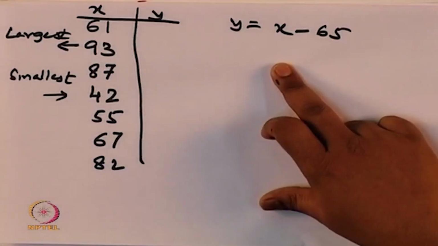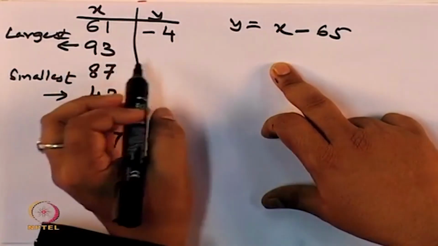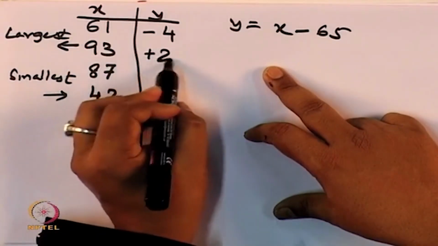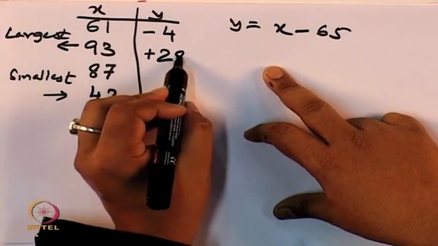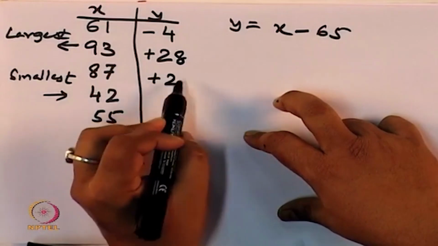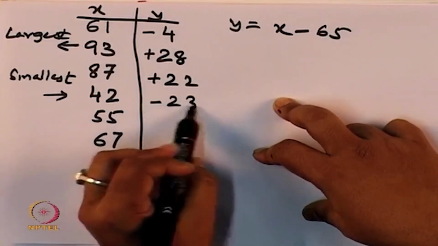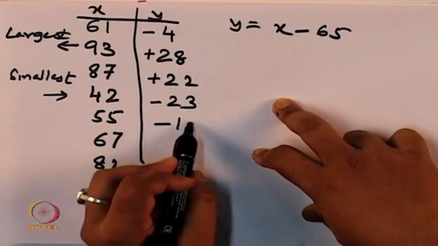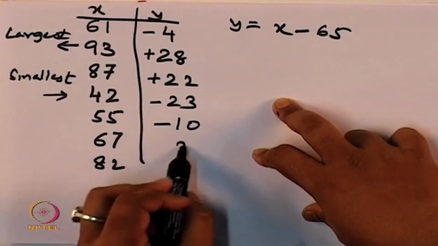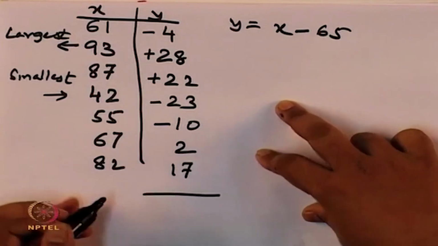If I define y is x minus 65, then this becomes minus 4, this becomes plus 28, this becomes plus 22, this becomes minus 23, 55 means minus 10, 67 means 2, 82 means 17. Okay. So, I can add these numbers up.